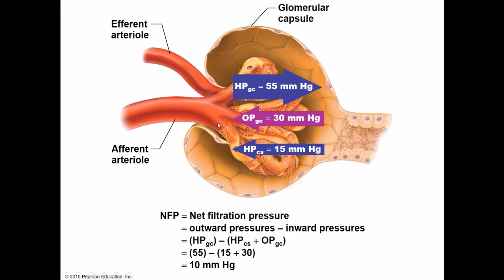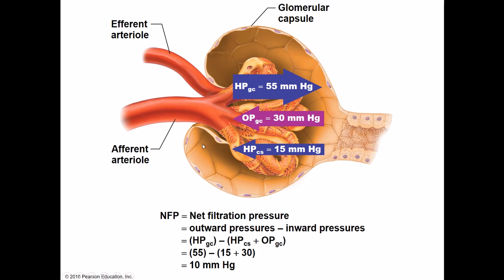The afferent arteriole leading in has a much wider diameter than the efferent arteriole leading out. That creates a very, very high pressure gradient inside the glomerular capillaries. So that's the hydrostatic pressure in the capillaries, the pressure of the fluid pushing things out of the capillaries and into the capsular space.